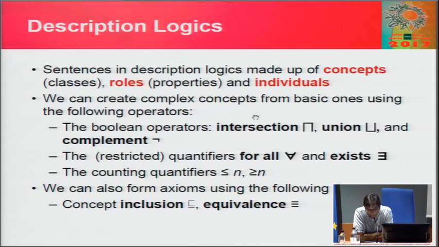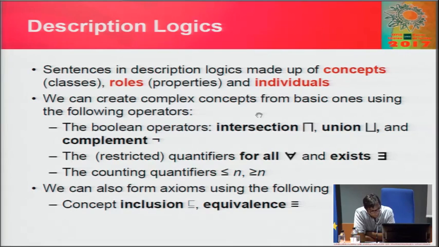So, to give you a brief introduction to description logics. Really, the idea with description logics is to construct complex concepts from simpler atomic concepts using different kinds of operators. So sentences in description logics are made up of concepts, which you can also refer to as classes, roles and individuals.